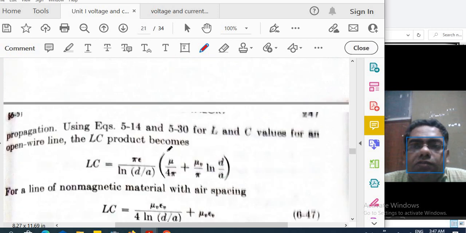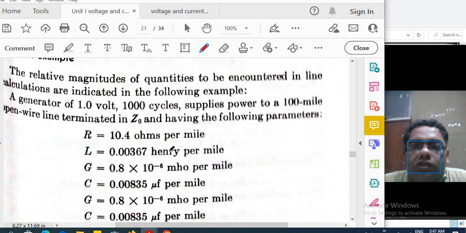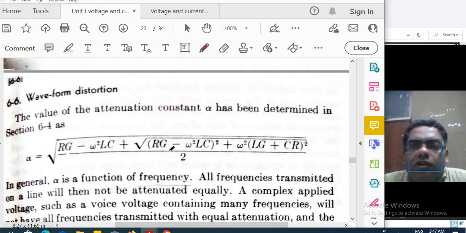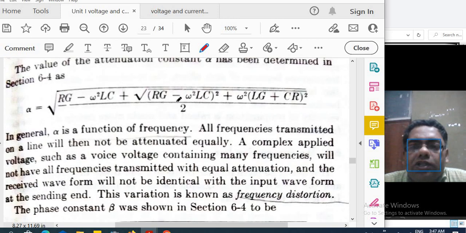Now, let us move on to another important concept, the distortionless line. What do we mean by waveform distortion? We know that the expression for alpha is given by this expression, and you see that alpha is a complex function of frequency. Suppose on the transmission line we are transmitting our voice.